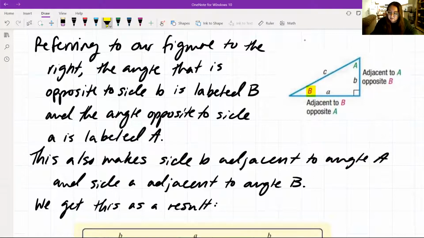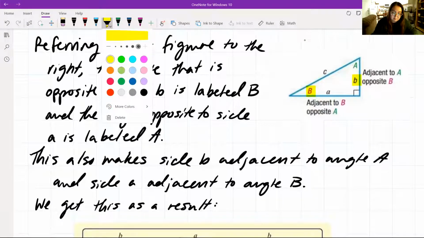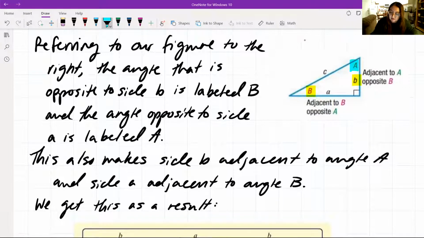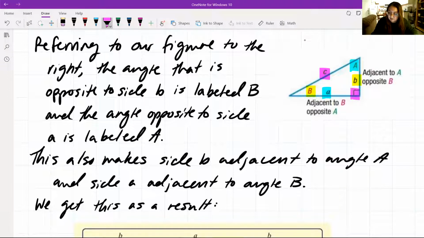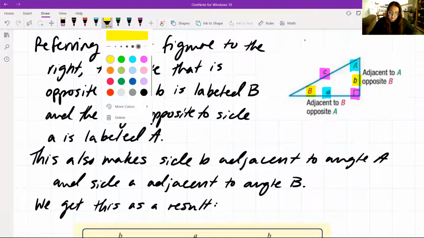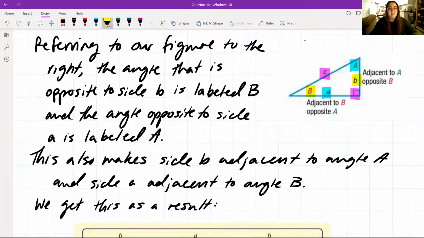So we can highlight these, see B and B, A and A, and then we can just say C and 90-degree angle, or a right angle. Then this also makes side B adjacent to angle A and side A adjacent to angle B. So let's say that one more time, just a little bit confusing.